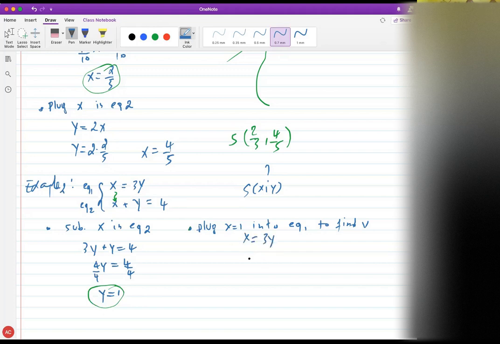X is 3 times y. We do know the y again. That's right. X would be 3. And that's it. So you get your 2 solutions, and we can write those together as a pair. If you were to graph this, the 2 lines would meet at this clear point, 3, 1.